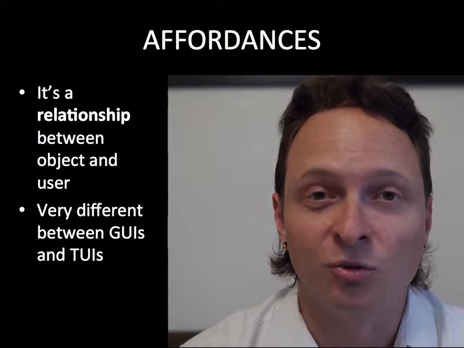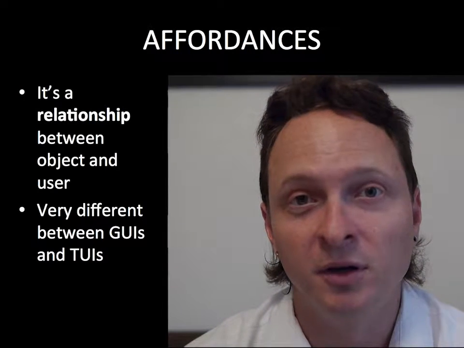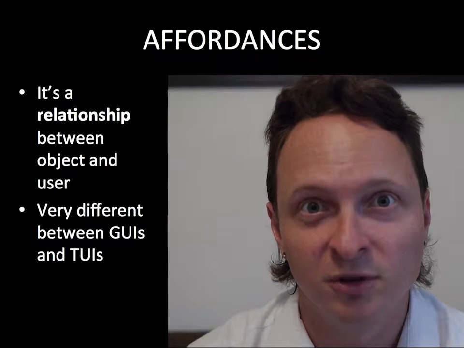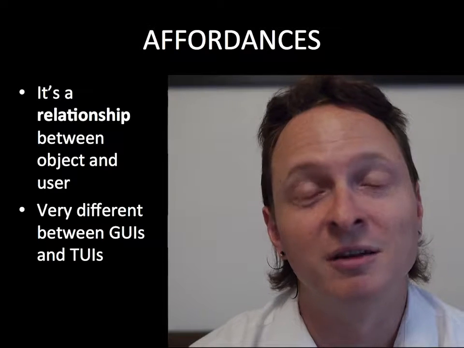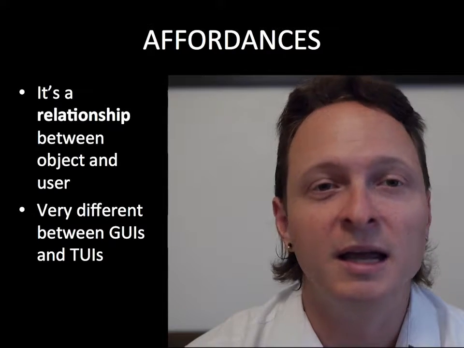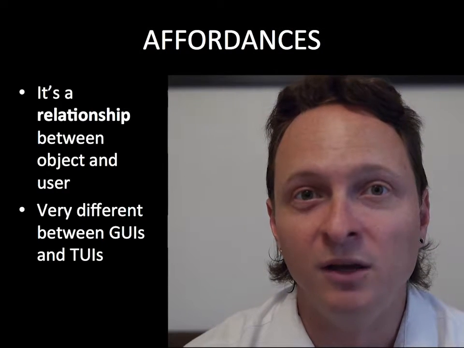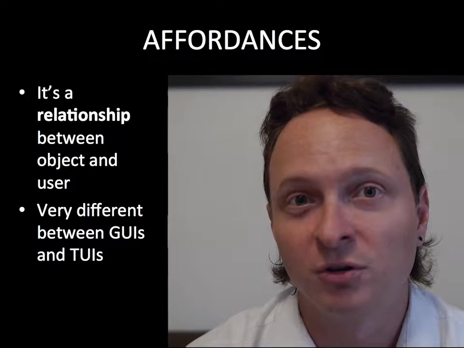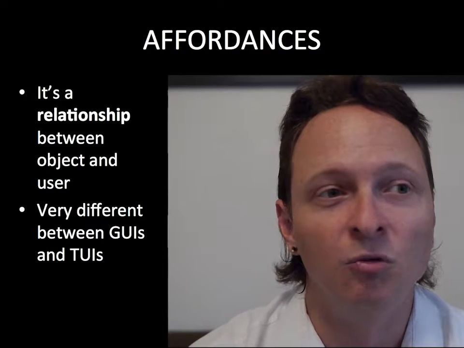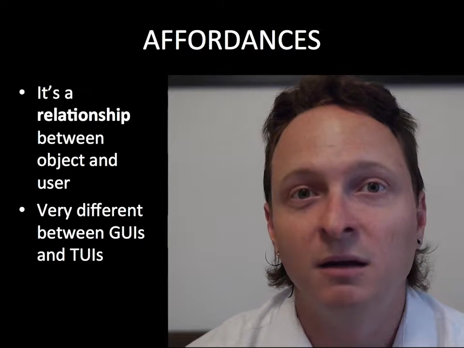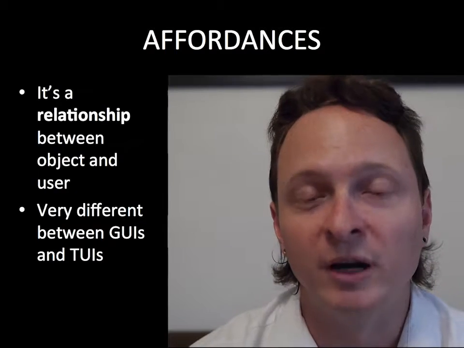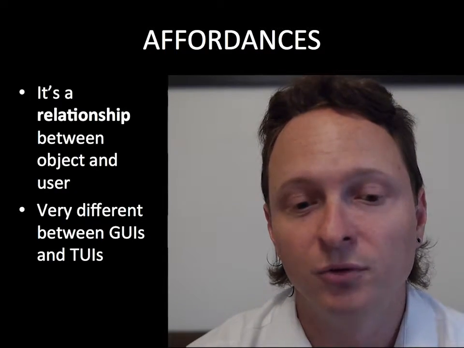One of the interesting things about affordances is that they're quite different between graphical user interfaces and tangible user interfaces. Tangible user interfaces have an advantage of being able to use these material properties in very felt ways to elicit user action, whereas graphical user interfaces have to replicate or fake elements to provide affordances, and they're more programmed into the system rather than built.